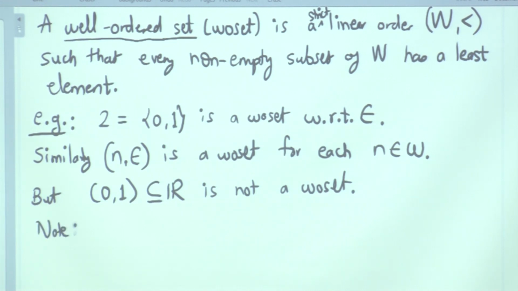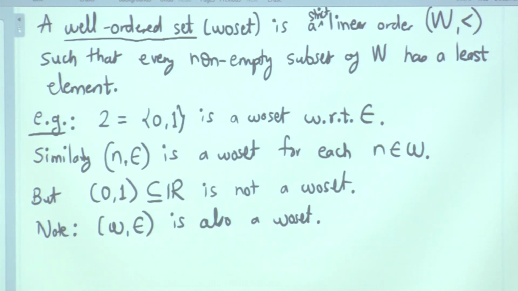Note that (omega, less than or equal, or strictly belongs) is also a VOSET. If I give you any non-empty set of natural numbers, then it contains a least element. You can prove that.